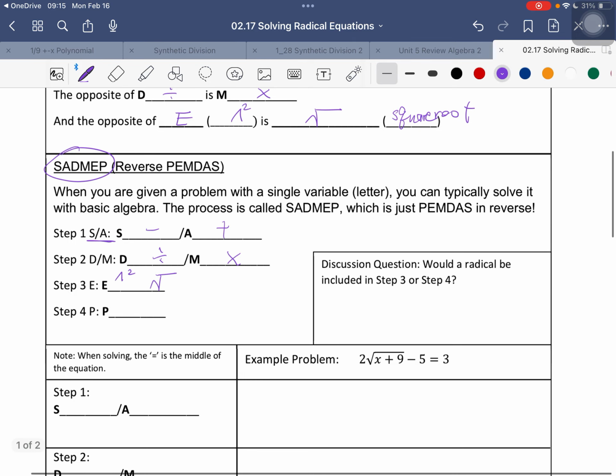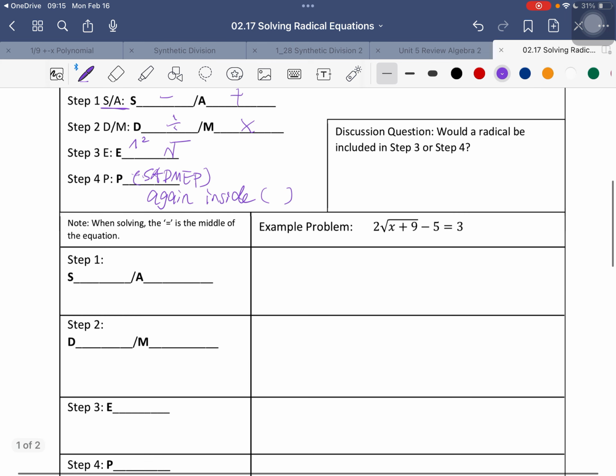And parentheses, every time you see parentheses, you do SAMDEP again inside the parentheses. And note, remember the equal, when you see equal, you put a big line.